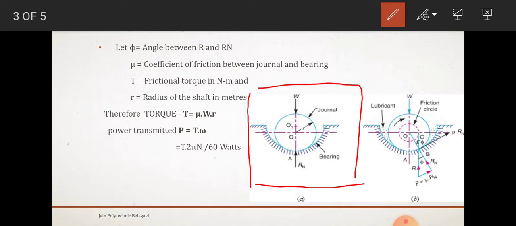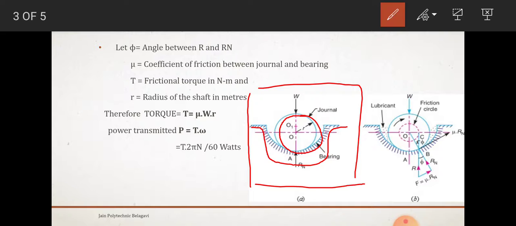The outer fixed part is called the bearing. The inside circular part is called the journal or a shaft. The journal rotates inside the bearing.